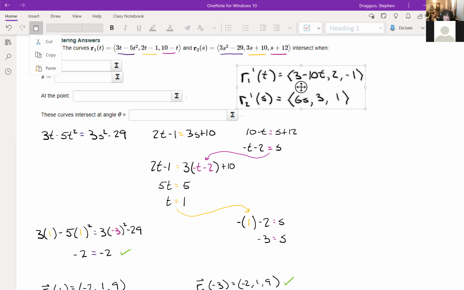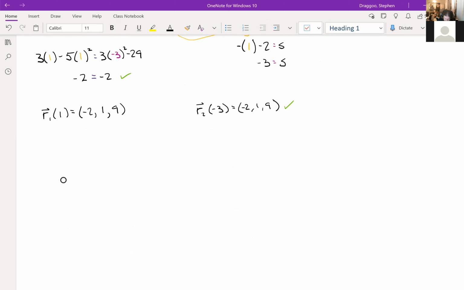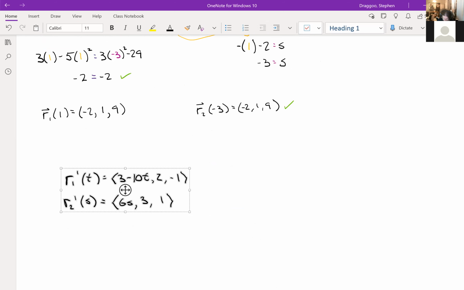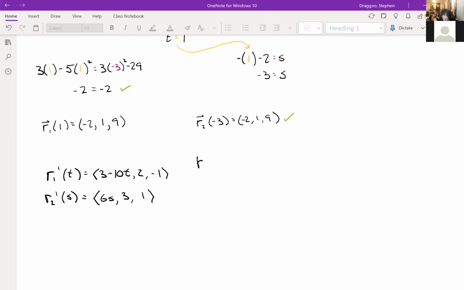And now I'm going to use copy and paste to be my friend. Move down here, paste it where I've got some space to work. And I want to plug in my t and my s value at the point where they intersect. Oh, crap.